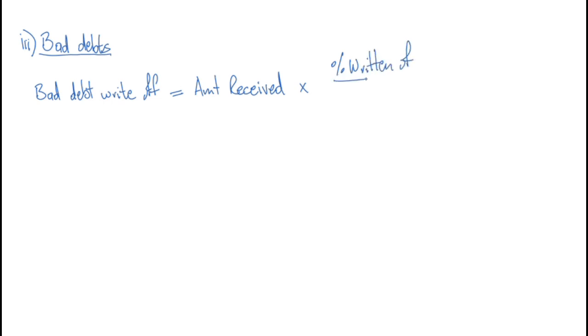So then we can use the formula bad debts written off equals amount received multiplied by percentage written off divided by percentage received.